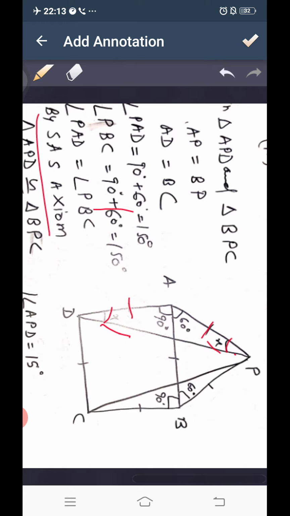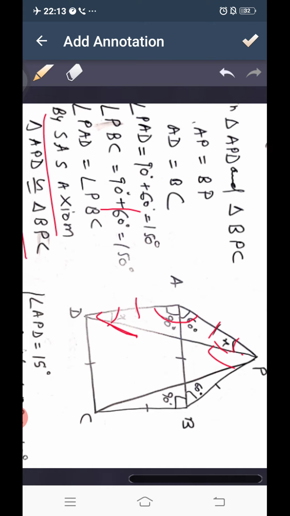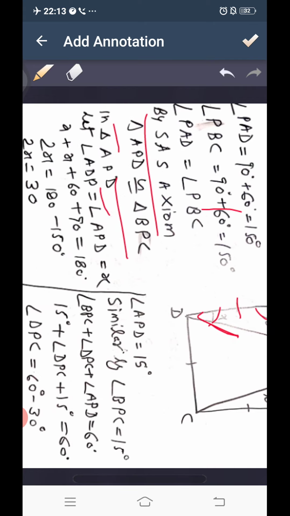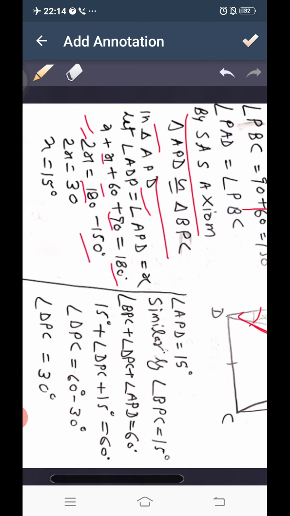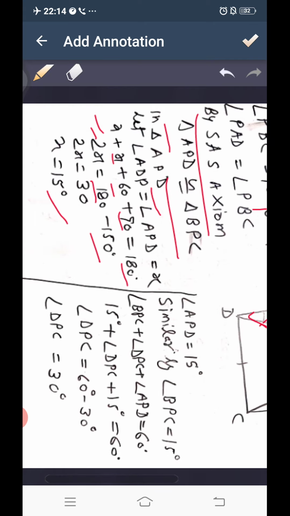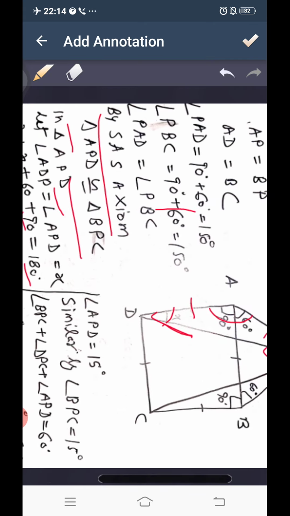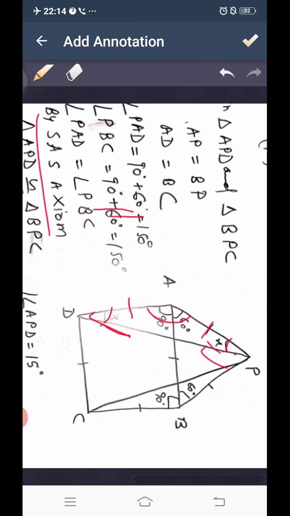So x plus x plus 60 plus 90, that is 150, equals 180 degrees. So 2x equals 180 minus 150, 2x equals 30. So we get x equal to 15 degrees. It means angle APD equals 15 degrees.